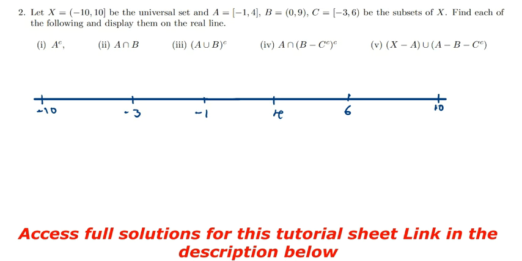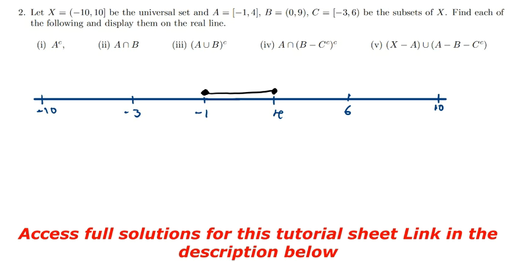So we're going to have A starting from negative 1 included, so we have negative 1 included all the way to 4 also included. This is going to be A. Okay, so we have A there. What about B? B is starting from 0 not included, so I also had to include 0.